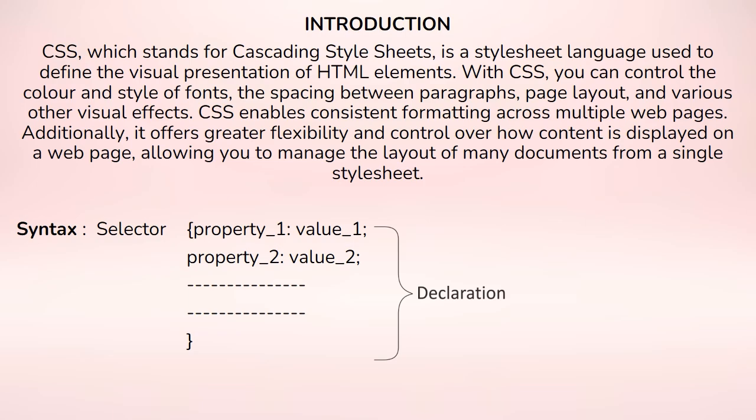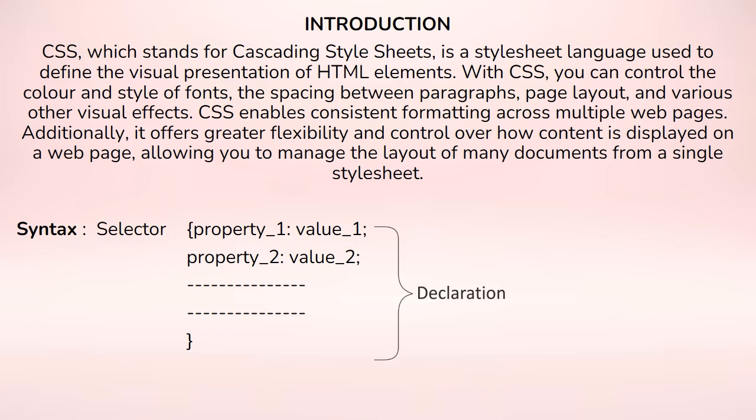CSS enables consistent formatting across multiple web pages. Additionally, it offers greater flexibility and control over how content is displayed on a web page, allowing you to manage the layout of many documents from a single style sheet.